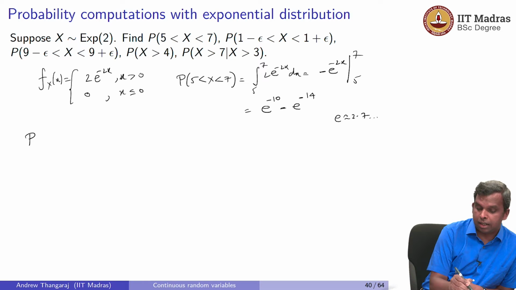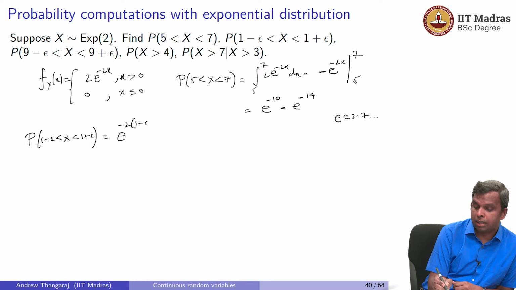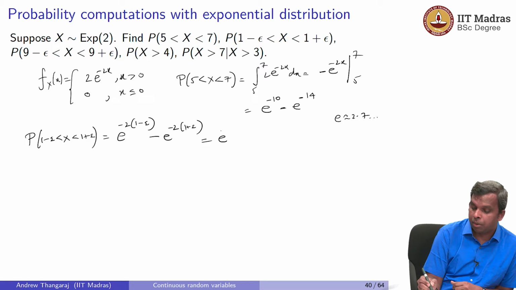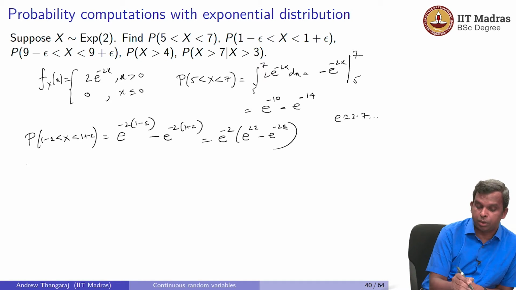Let's look at these other things. The probability that 1 minus epsilon less than X less than 1 plus epsilon. You can do the same calculation. It's e power minus 2 times (1 minus epsilon) minus e power minus 2 times (1 plus epsilon). You can pull e power minus 2 common outside, and you will get e power 2 epsilon minus e power minus 2 epsilon. The other one is 9 minus epsilon less than X less than 9 plus epsilon.